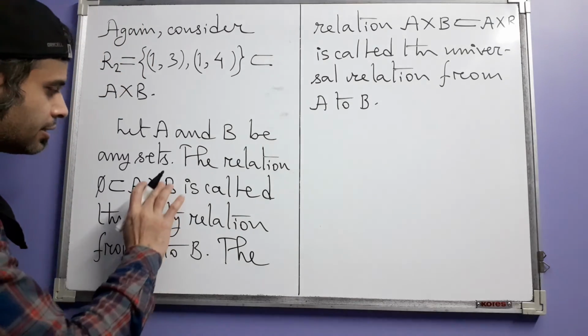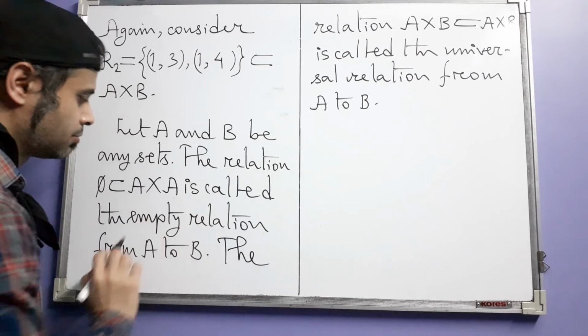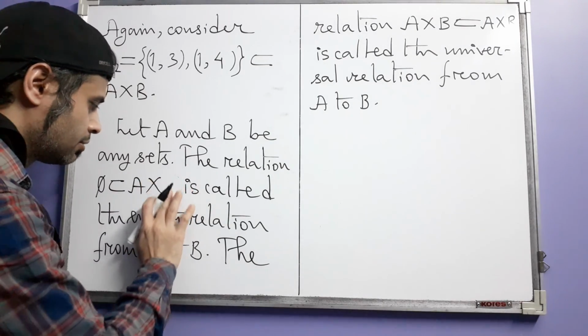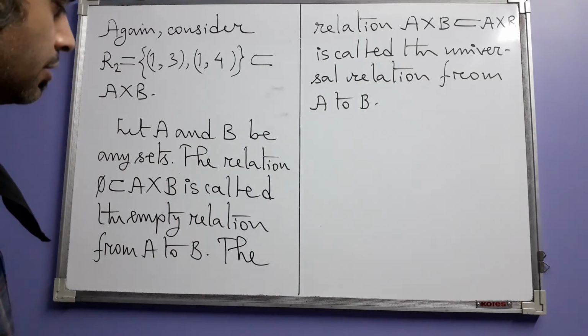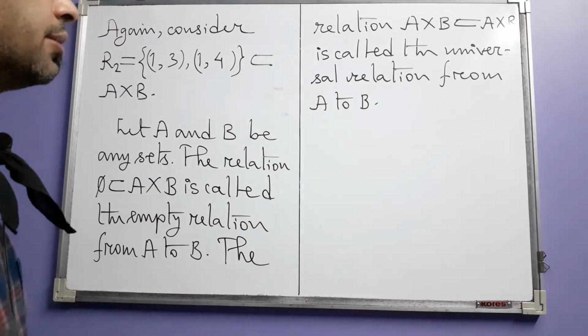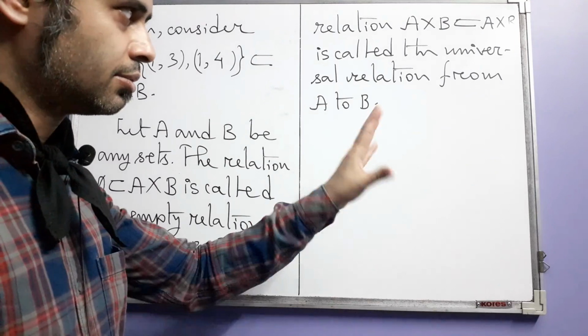In the book, I think this has been considered instead. But regardless, you can have the notion of empty and universal relations in this general case also where A and B need not be the same set. Now, there is a language which simplifies these writings.